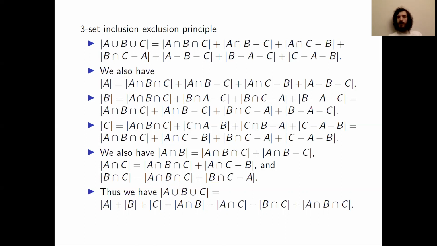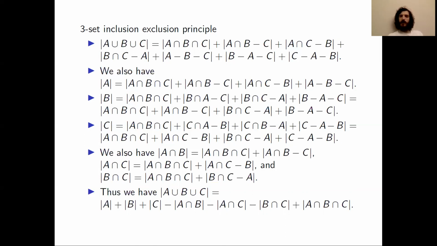The top bullet being the equation for the cardinality of A union B union C. The right side of that equation is what we get in the final bullet if we simplify both sides using the equations that we have for the cardinalities of A union B union C, of A, of B, of C, and of A intersect B, A intersect C, and B intersect C. So that last bullet is our 3-set inclusion-exclusion principle.